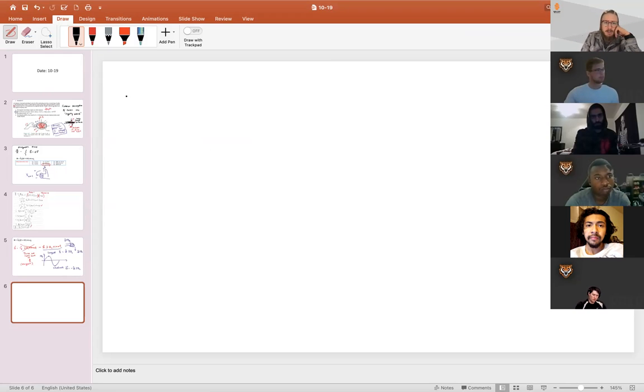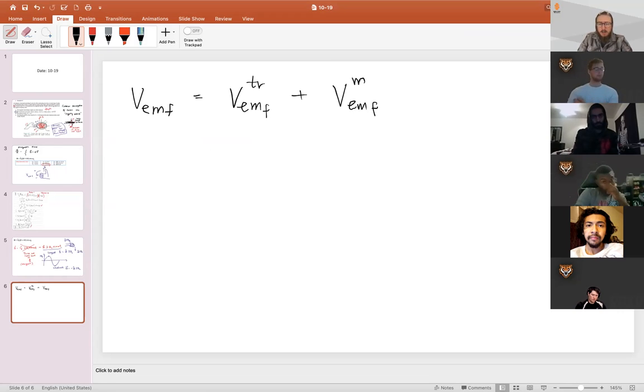So we have two types of EMF, electromotive force. We have the transformer and the motional. This one is due to changing magnetic field, a time varying magnetic field.